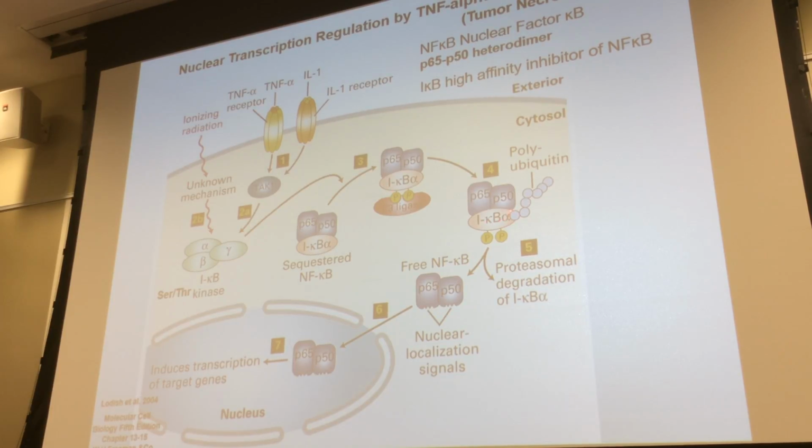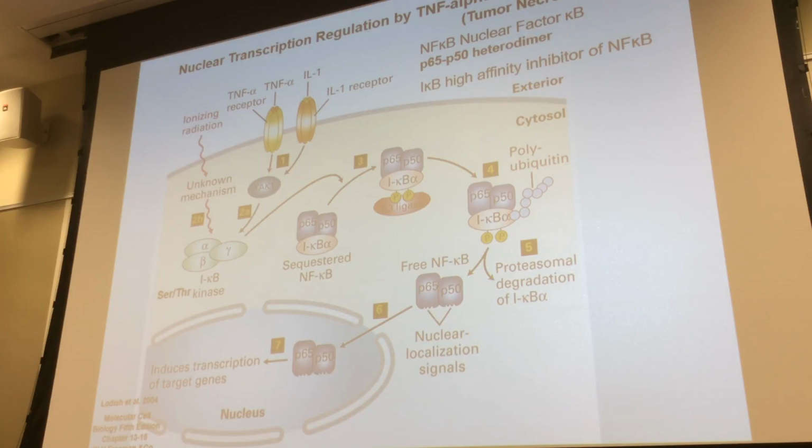So once this gets ubiquitinated, and these little circles represent little ubiquitin molecules, it usually gets ubiquitinated more than once so that you have a series of little ubiquitin molecules here that signal. And so that takes this inhibitor protein to the proteasomes for degradation.